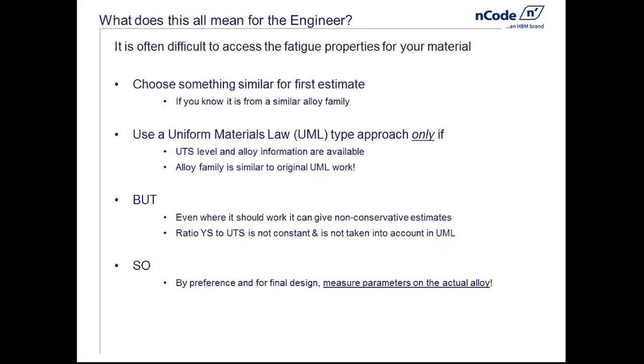What does this all mean for an engineer? As I say, it's often difficult to actually find fatigue properties for your particular material. I spend quite a lot of my time trying to help people find stuff that can be used. And my suggestion is always choose something similar for the first estimate. We metallurgists are a fairly boring lot.